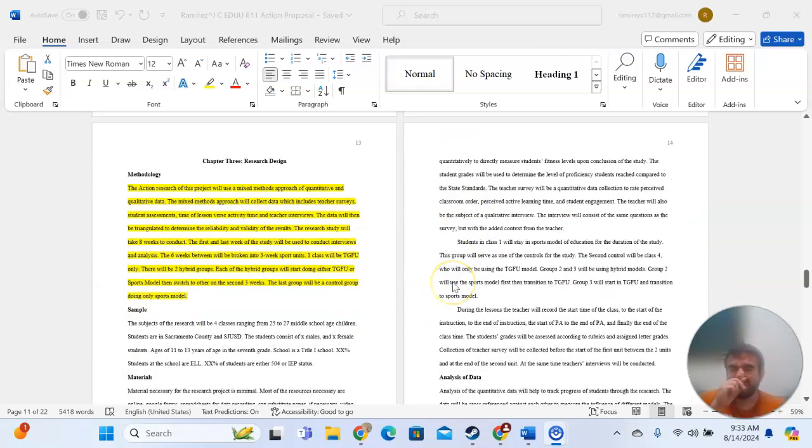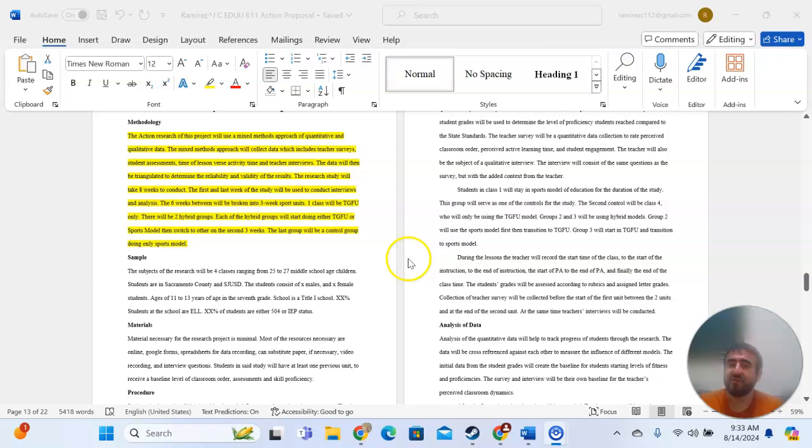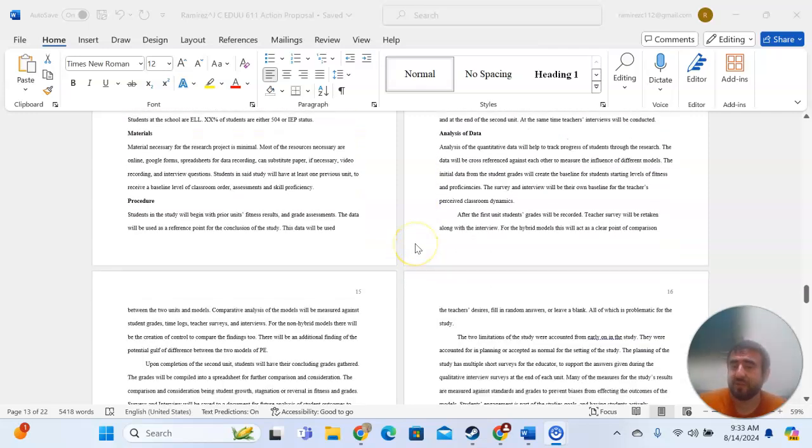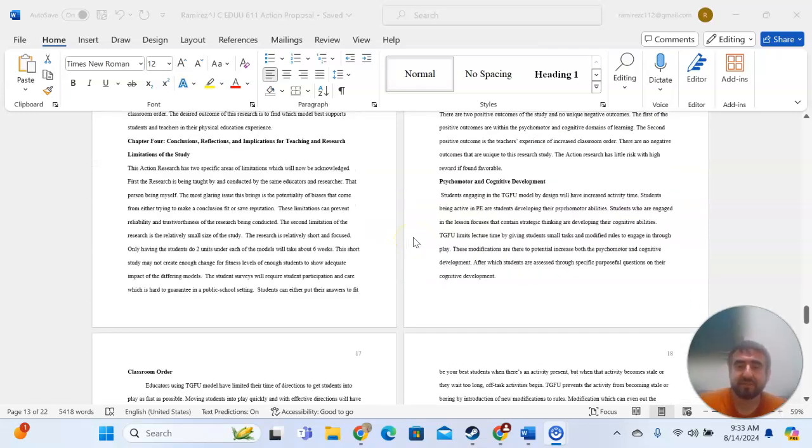The methodology will use 4 classes, where 2 classes are controls on opposite polar ends. You have the sports model, which is probably what you experienced in PE, and the TGFU model throughout the whole cycle. And then there will be 2 hybrid classes, one going from the sports model to the TGFU model and the other from TGFU to sports, and they will switch halfway through to show the effects that each one has on students' abilities, fitness levels, and other standards.